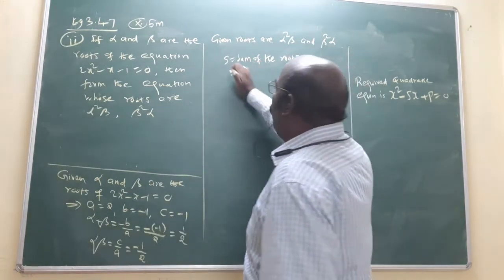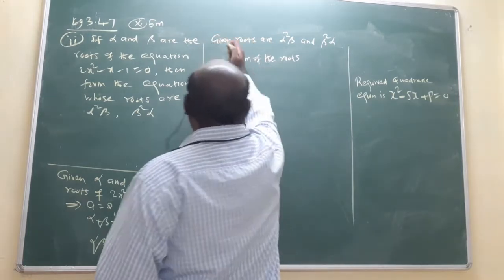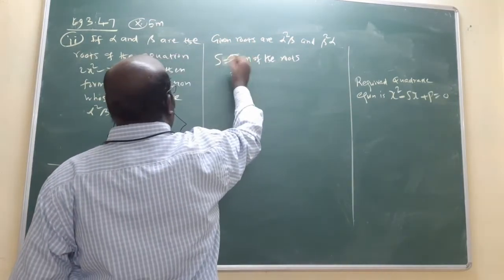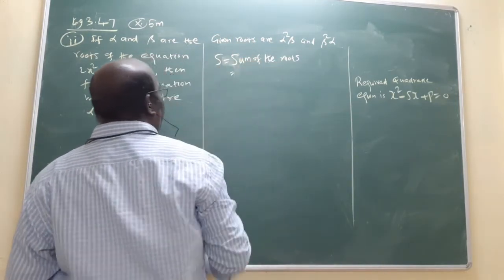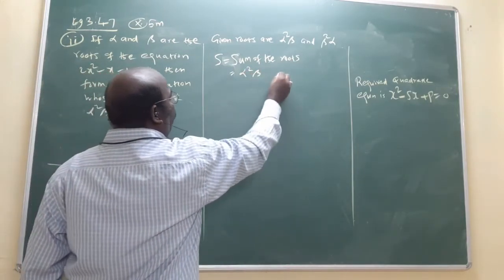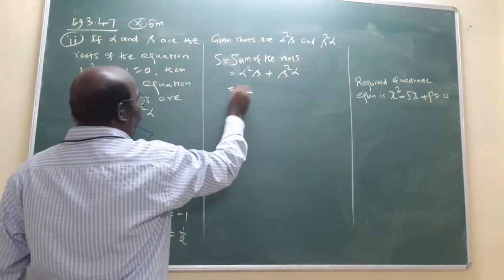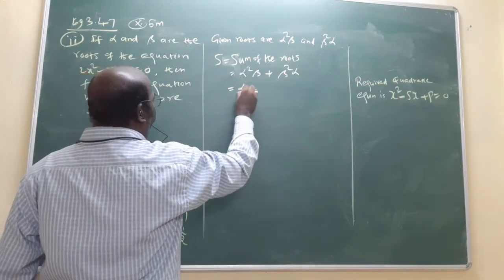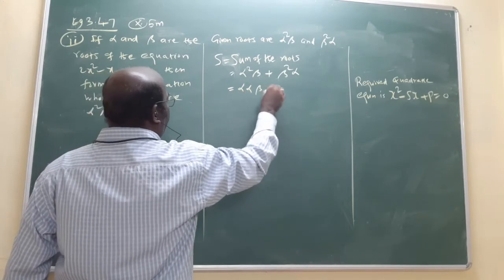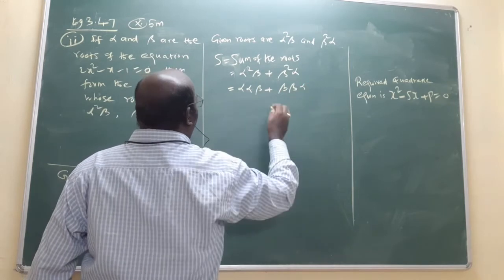What I told you, you have to find S, that is the sum of the roots. Now, the sum is adding both: alpha square beta plus beta square alpha. Alpha square can be alpha into alpha, beta square can be beta into beta.